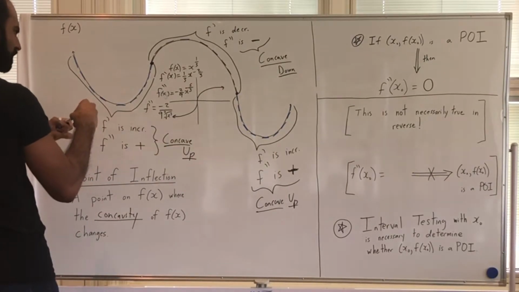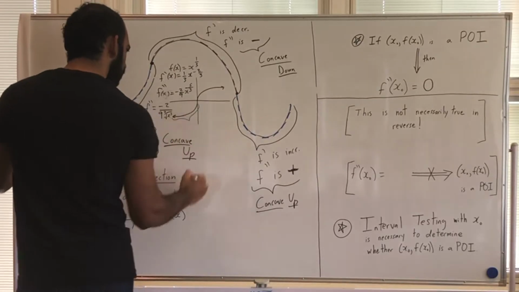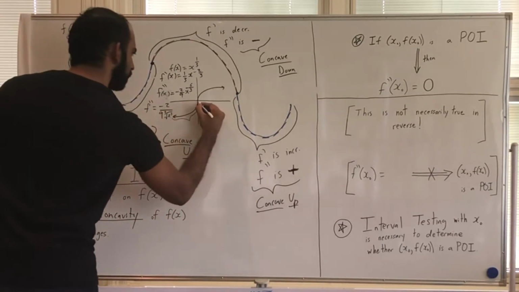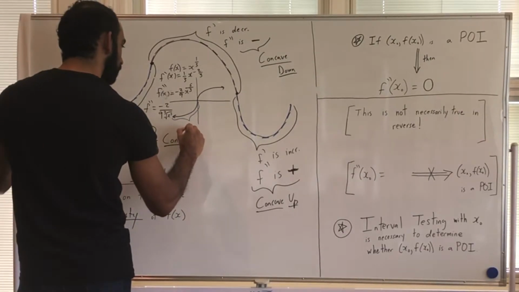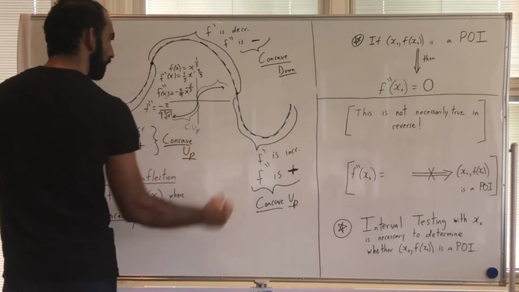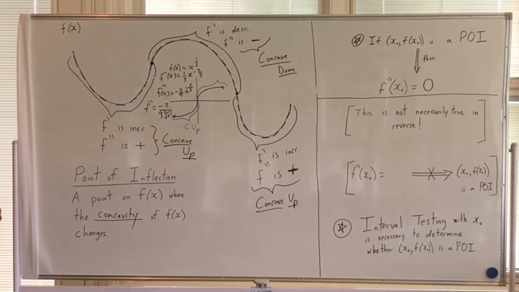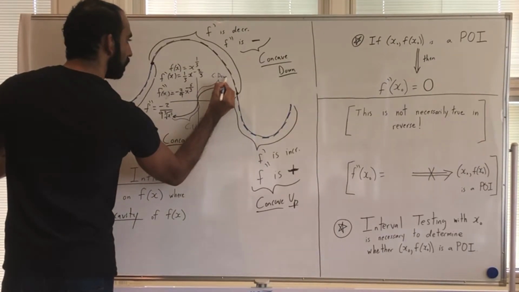So, clearly we can see visually that from here to here, is the graph concave up or concave down? Is the U facing up or is the U facing down? That's concave up. Likewise from here to here, from the origin on outwards, is that a piece of a U that's facing up or facing down? It's facing down, so this is concave down.